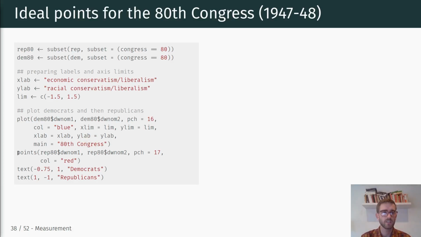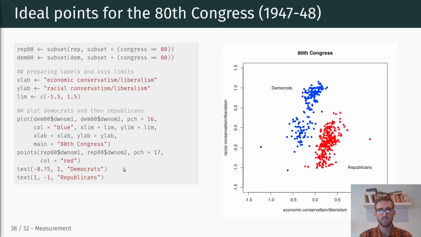Then in addition, we add some points here. So this is just Democrats in the plot, and then we add Republicans using the points command, using red instead of blue, and using a different shape of points. And then we're adding labels within the plot, directly labeling Democrats and Republicans, right?